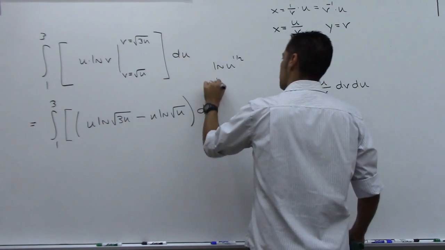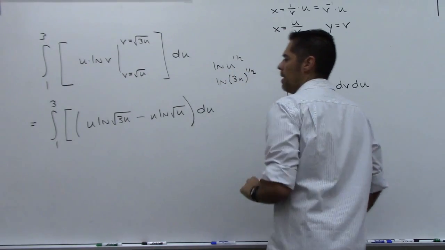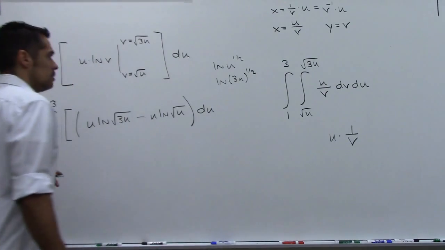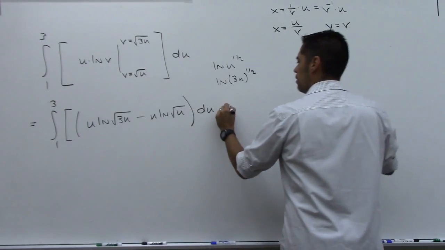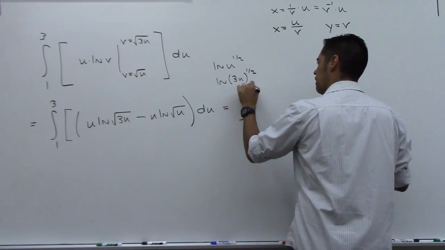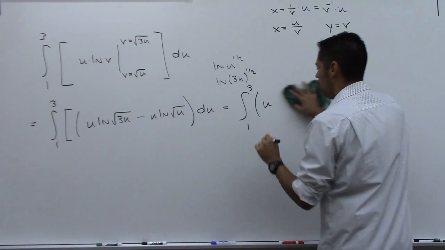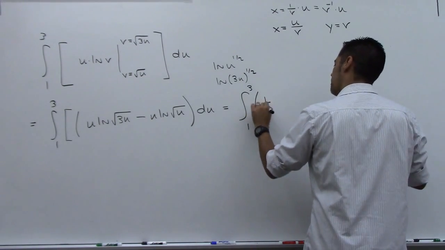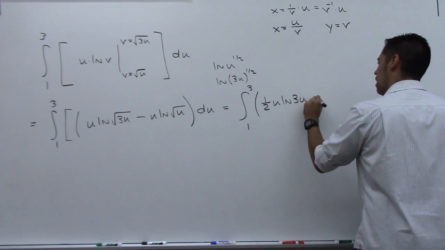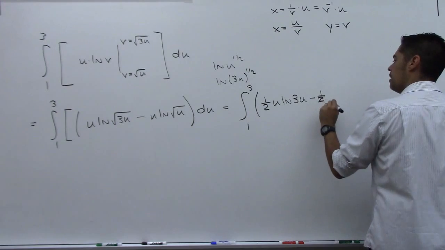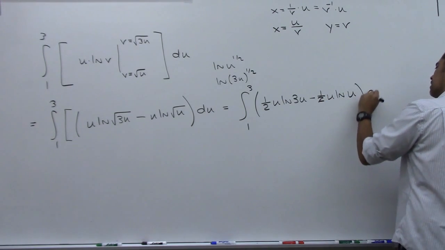The other one over here is natural log of 3u to the half. And so these powers can come out. So I'm not doing any integration yet. The 1/2 came out: 1/2 u natural log 3u, and then minus 1/2 u natural log u du.